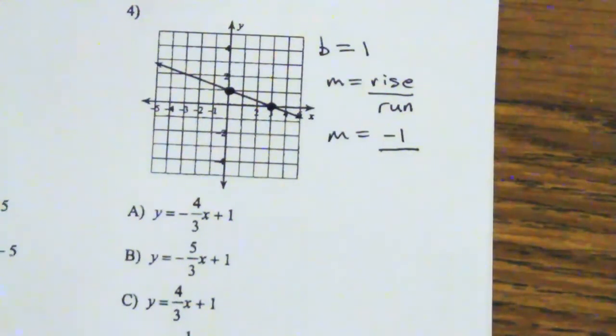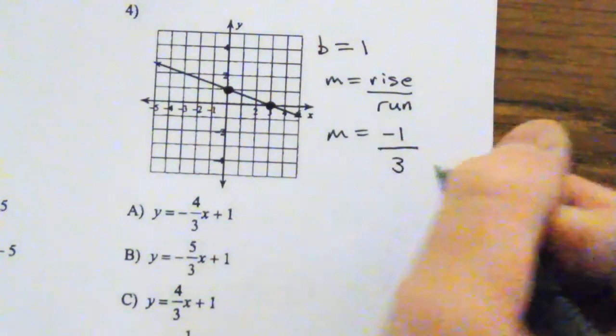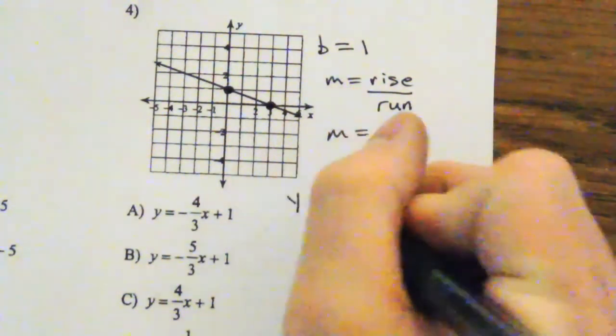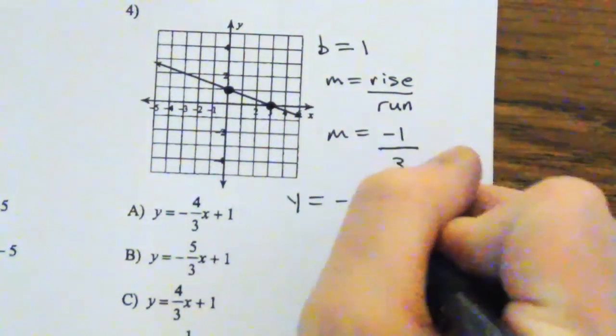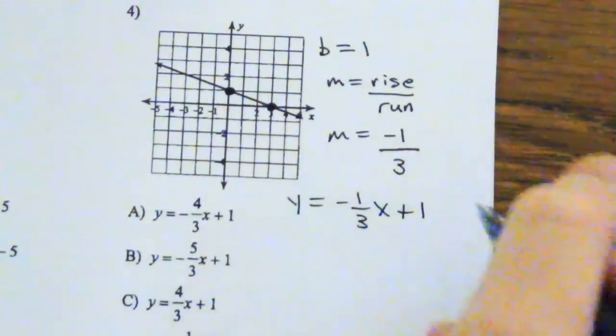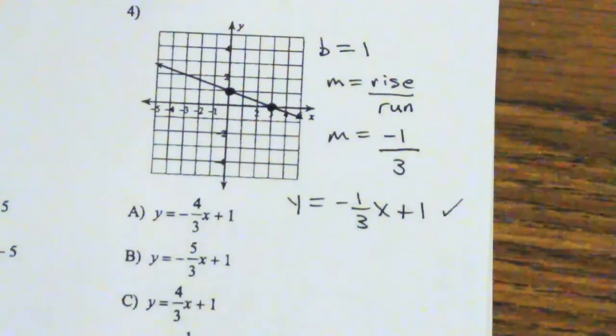That's new. Okay, so now how far to the right do I need to go? 3. So it's going to be a +3. My slope is -1/3. So now I'm going to write it in y equals mx plus b. I'm going to choose -1/3 x plus 1. And I'm done.